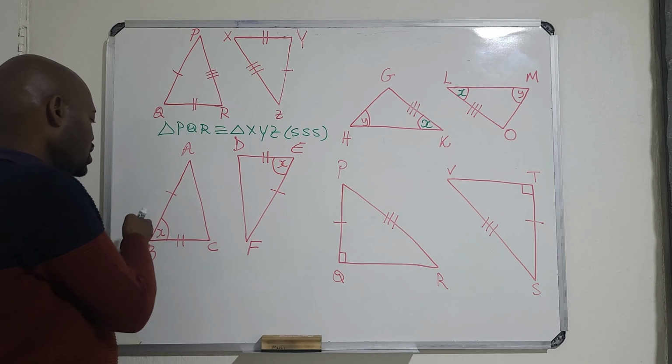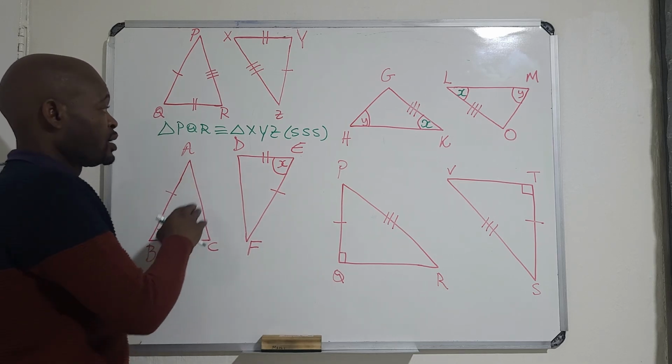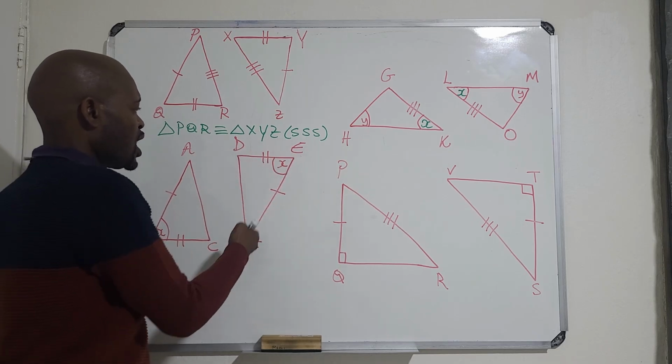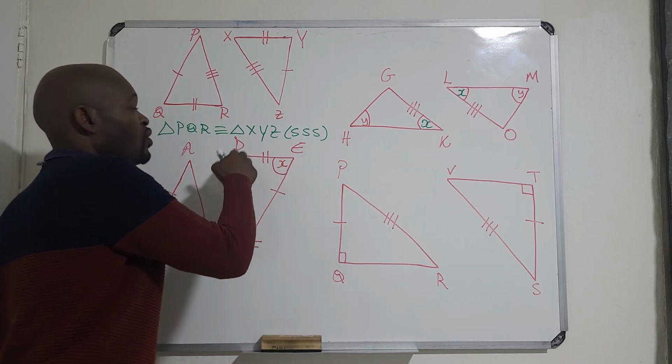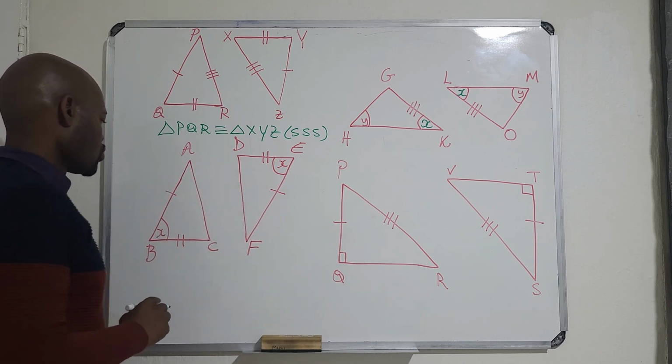Therefore, when two sides and an included angle of one triangle are equal to the two sides and an included angle of another triangle, then the two triangles are congruent.